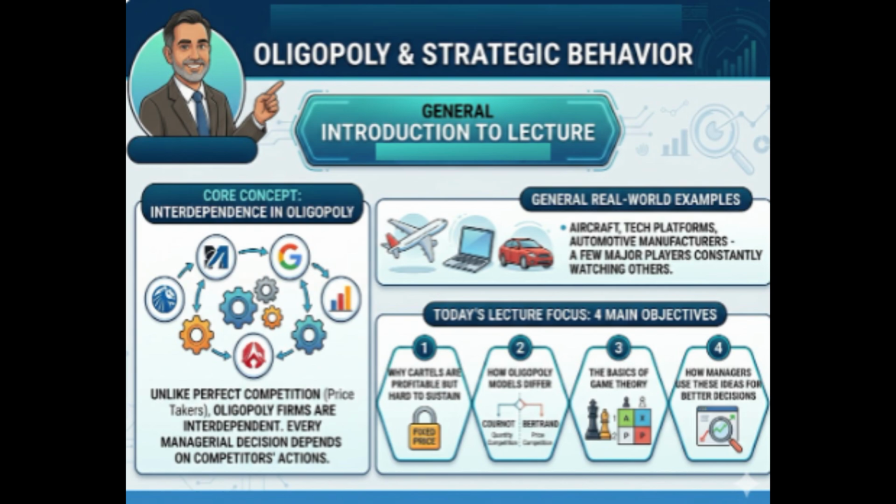Number one, why cartels can be profitable but hard to sustain. Number two, how oligopoly models differ. Number three, the basics of game theory. And number four, how managers can use these ideas to make better decisions.